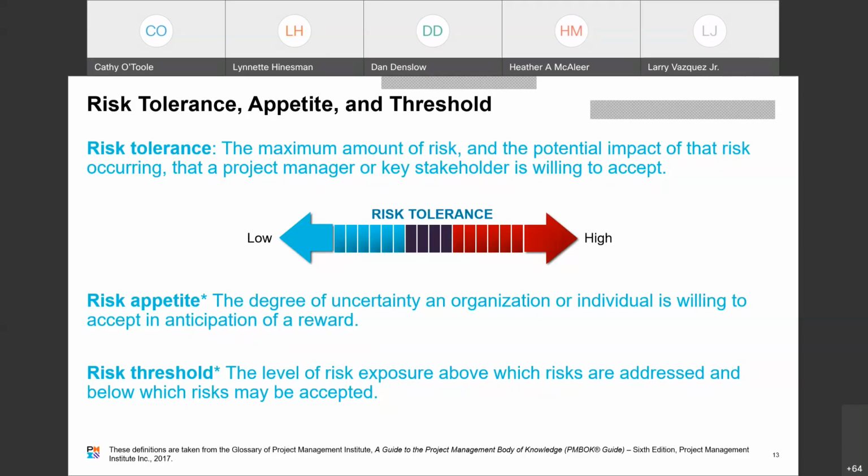Then the other definition or term that we need to know about is risk threshold. So this is about the level of risk exposure above which risks are addressed and below which risks may be accepted. So in my world, risk exposure, as defined in the tax department, is if something is going to cost the tax team over $100,000 a year, I have to tell somebody.